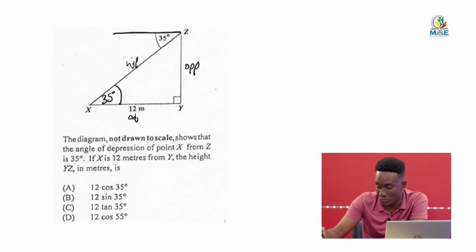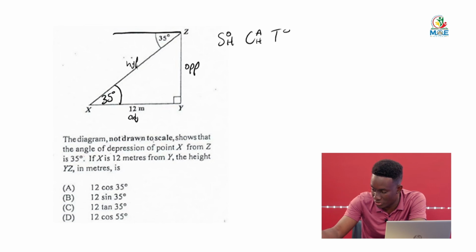Let's see which ratio deals with that. Some old horses can always hear their owners approach. Which ratio has the opposite and adjacent? The tan ratio. So tan theta is equal to opposite over adjacent.